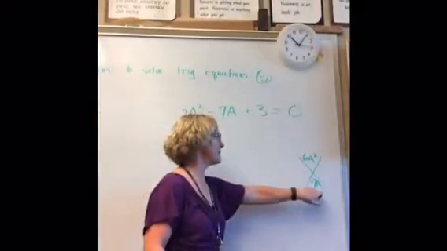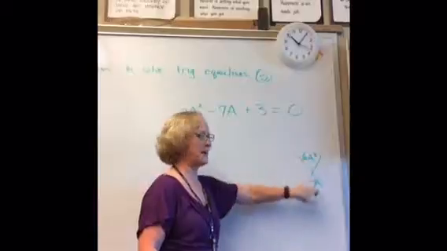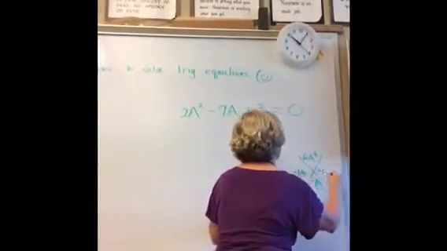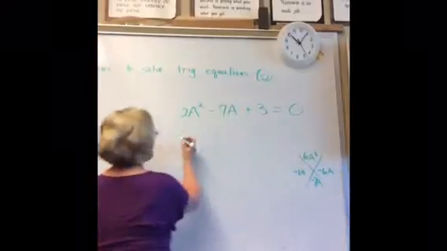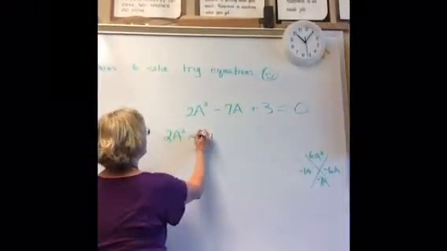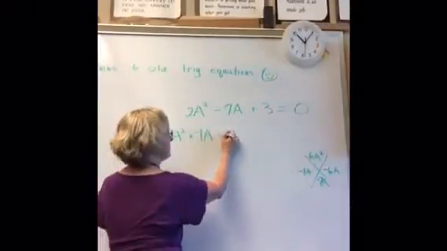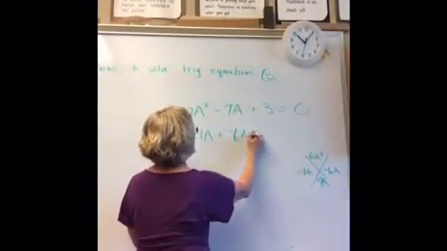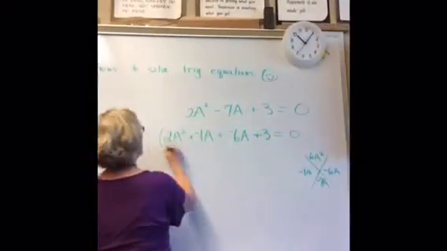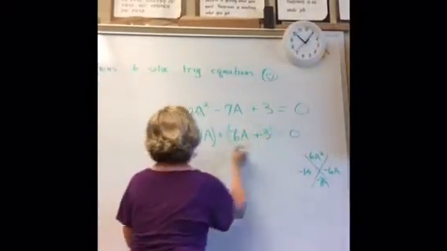Two factors that multiply to give us this, but add to give us this. Negative 1a, negative 6a. So this would be 2a squared plus negative 1a plus negative 6a plus 3 equals 0. Then group.